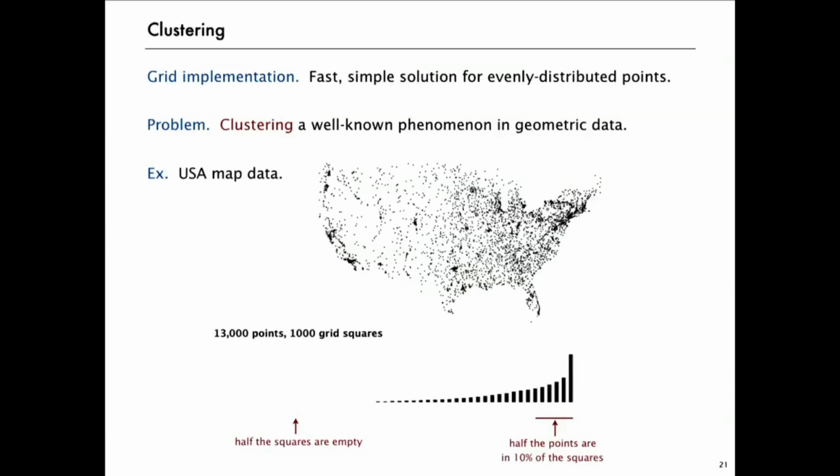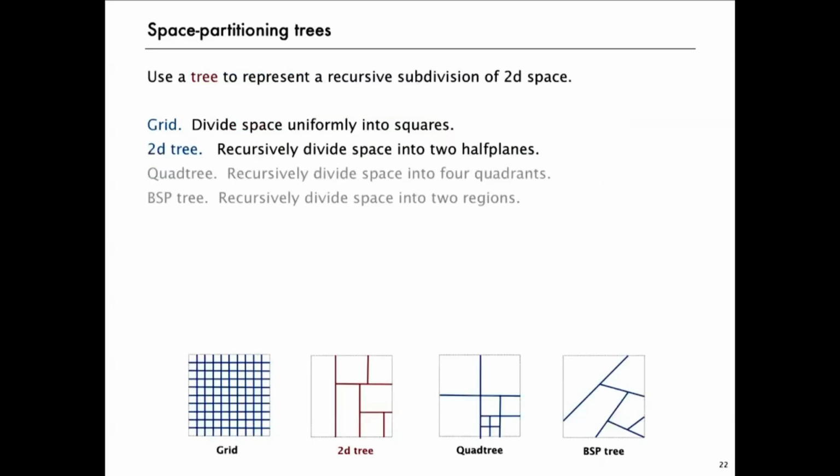It's got 13,000 points, but if you tried to use the grid implementation for this, you find that half the squares would be empty and half the points are in just 10% of the squares. So the clustering in the data is going to make the implementation inefficient. We need to adapt to the data, and this is very, very typical in geometric data, particularly in higher dimensional data, as we'll see in a minute.